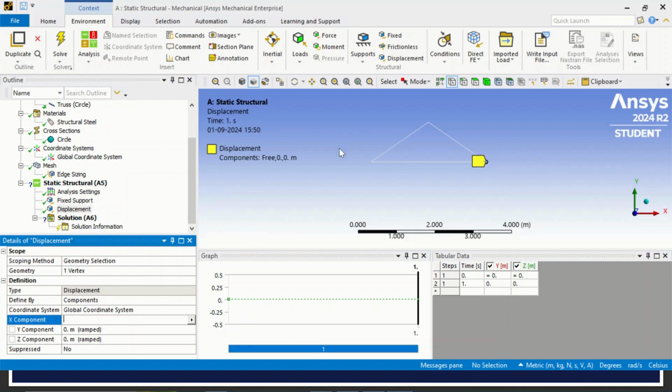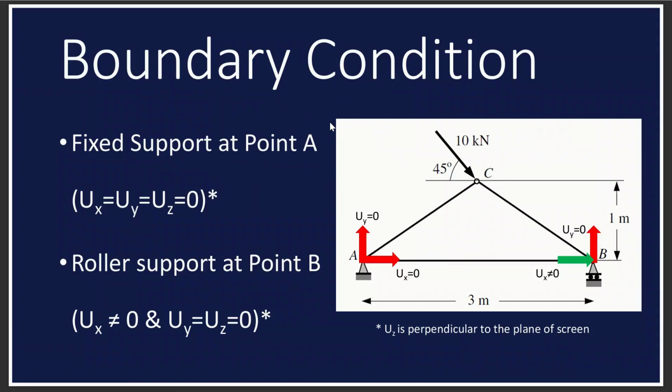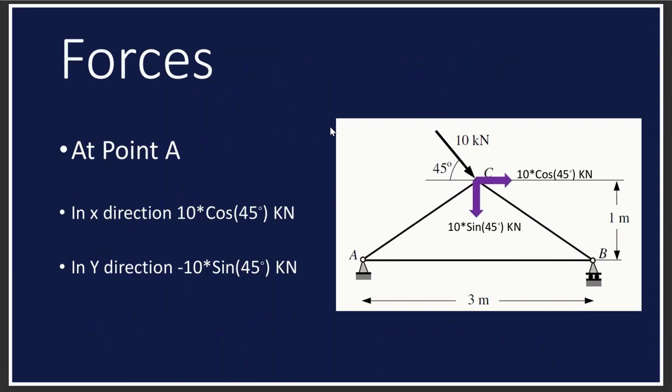Next part is we have to apply the forces. So let's go to this forces. Okay, now we have a force at point A. So this is the 10 kilonewton force applied at 45 degrees from the horizontal. Now we can decompose this force into two components.